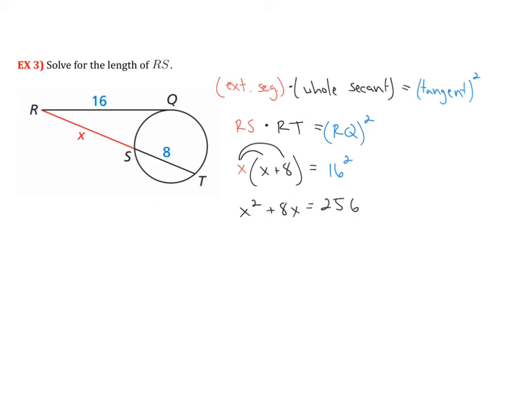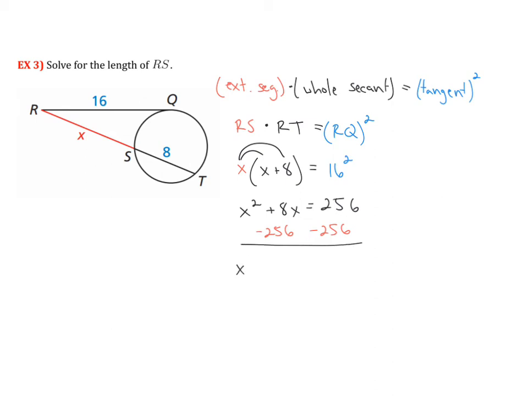All right, now from here, it looks like we have a quadratic because I have an X squared term. I also have an 8X, and I have a number at the end. So what I would like to do is see if I could factor or possibly use the quadratic formula. But before I do that, I need to make sure that one side of the equation is equal to 0. So we can quickly do that by subtracting 256 on both sides of the equation.